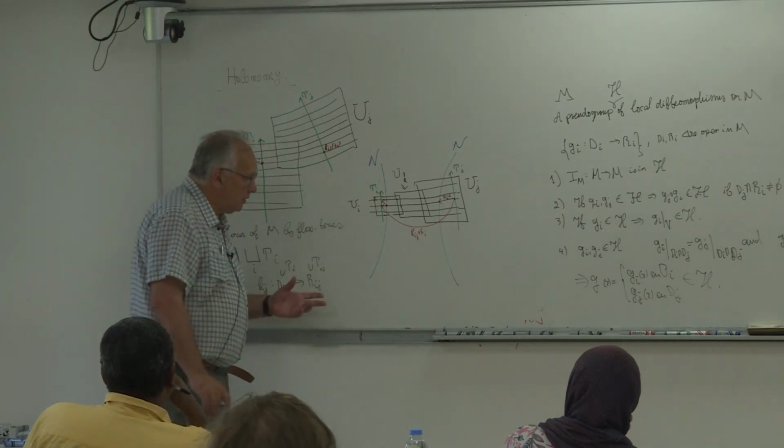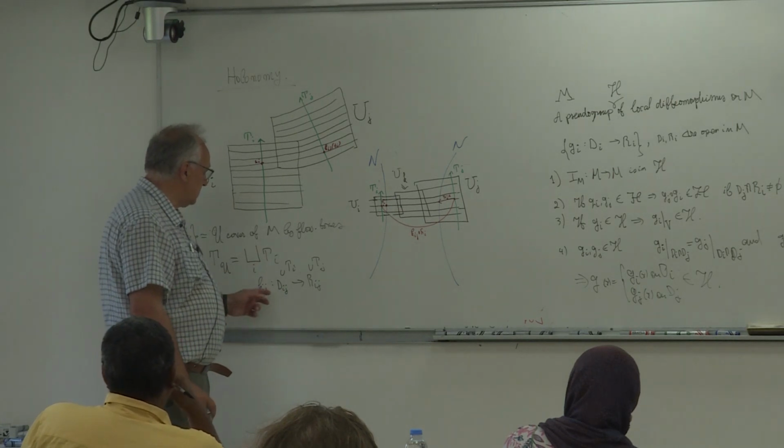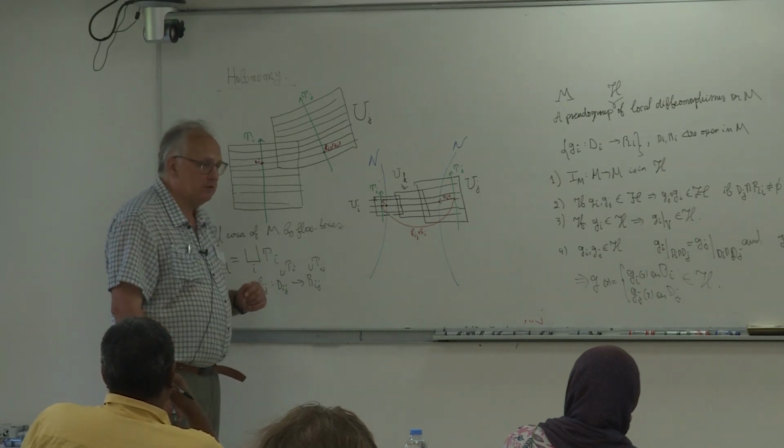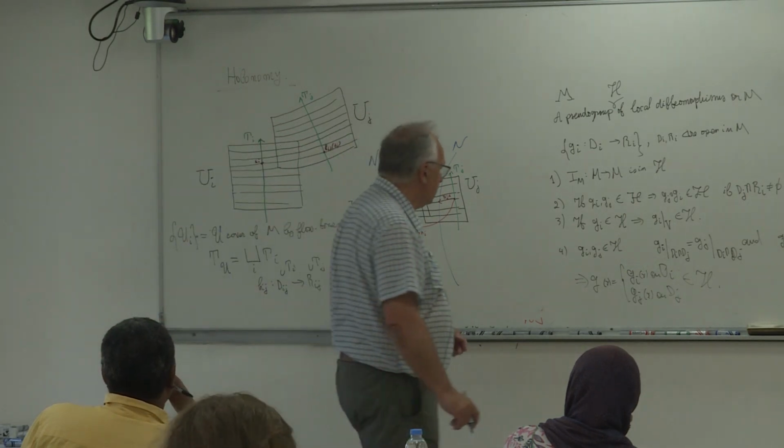So the pseudogroup generated by all these maps, all these diffeomorphisms, is called the holonomy pseudogroup of the foliation.